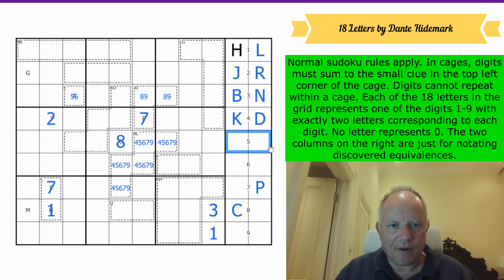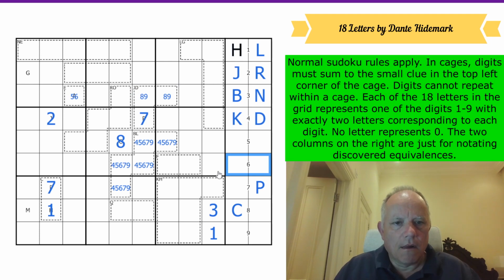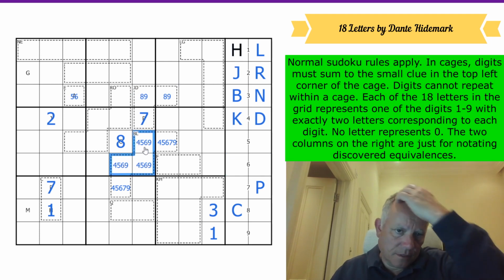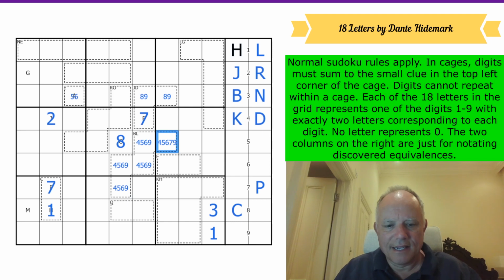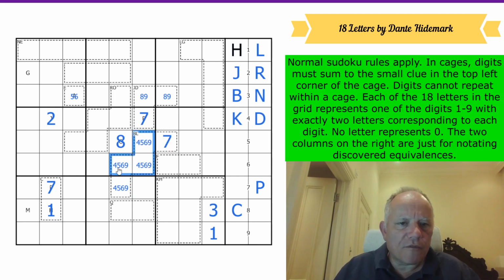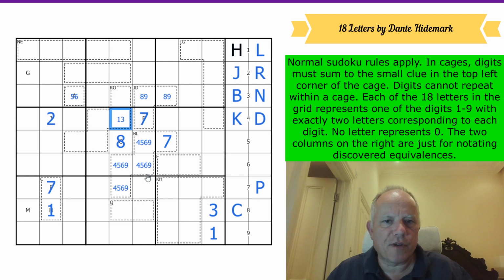So A and E are either 5 or 6. 7 can't be in any of those cells. So, oh, and it can't be in that cell either. So we've placed the 7 in this BL cage. There. Oh, and all of those 4, 5, 6, 9, and 8, and 7, and 2 are all looking at this cell. So that's 1 or 3.